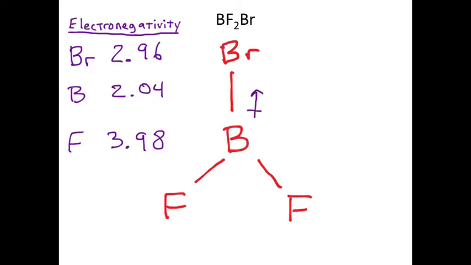But that's overall a smaller difference than between boron and fluorine, which is 2.04 to 3.98. So each one of these arrows is longer, which we use to represent a larger magnitude. So when you add these arrows together, you get an overall net resultant dipole moment that points this way.